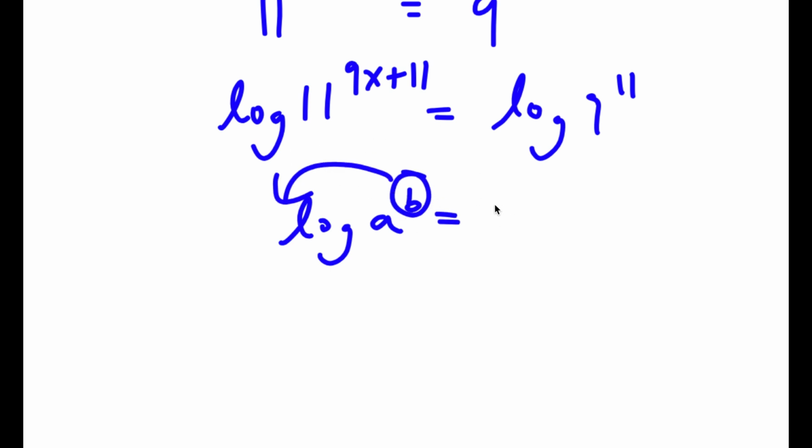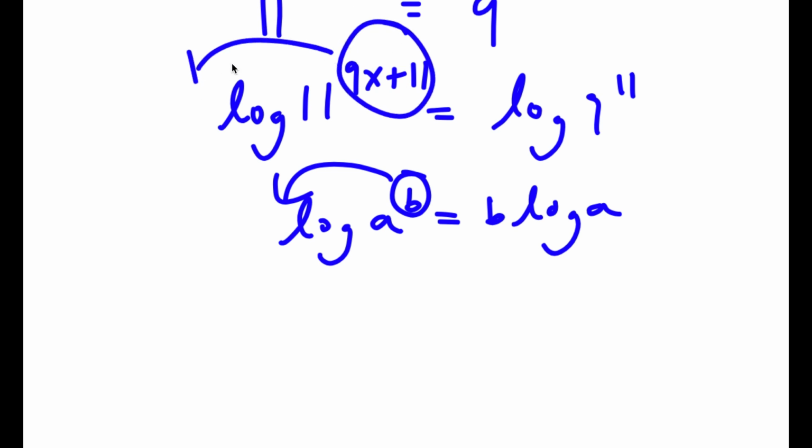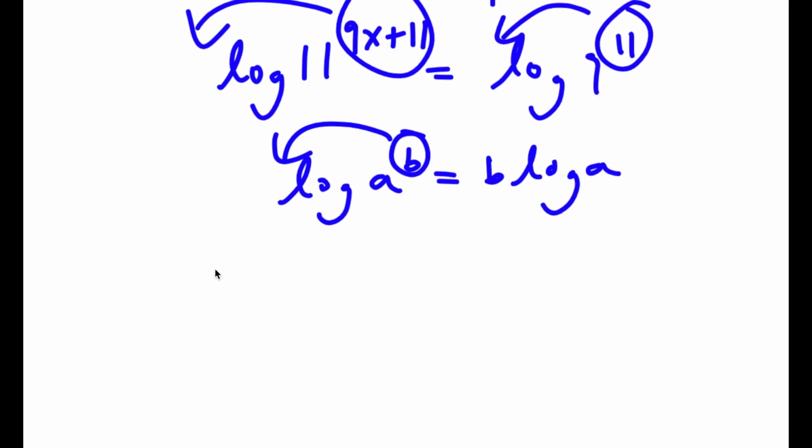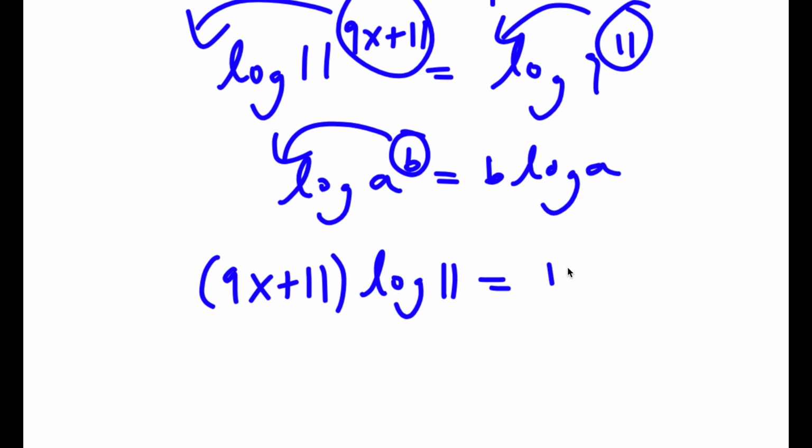So this is the same thing as b times log a. So log 11 to the power of 9x plus 11, I can move 9x plus 11 to the front. And log 9 to the power of 11, I can move 11 to the front. So now I have 9x plus 11 times log 11 is equal to 11 times log 9.